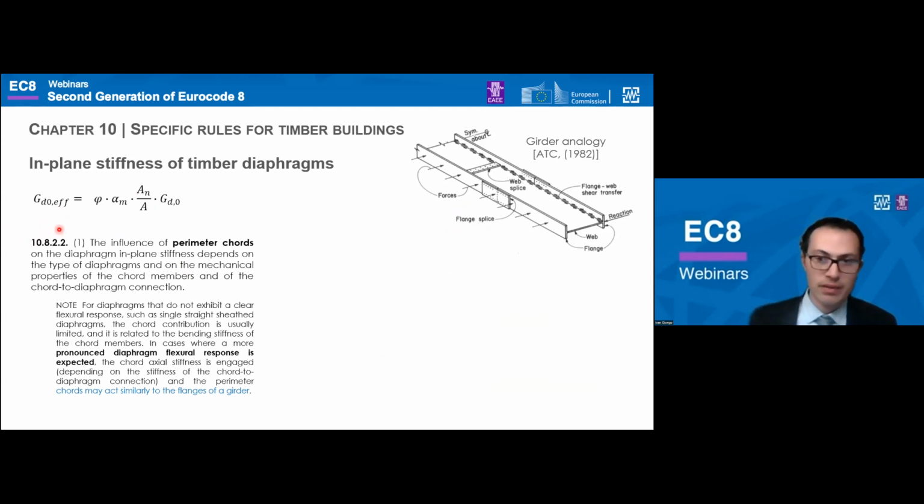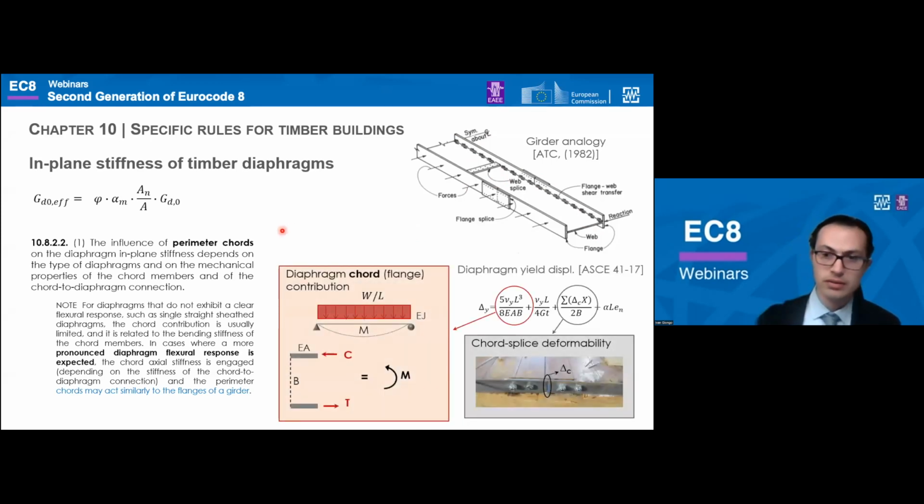And when diaphragms show a pronounced flexural response, as we can read over here, the chord axial stiffness is engaged, and the chords can actually act similarly to the flanges of a girder. Under such conditions, guidance on how to include the chord contributions into the diaphragm deformation can be found in internationally recognized documents such as ASCE 41, which considers the flange effect and the chord splice contributions separately.